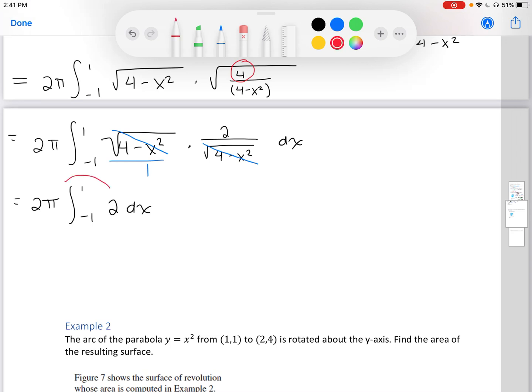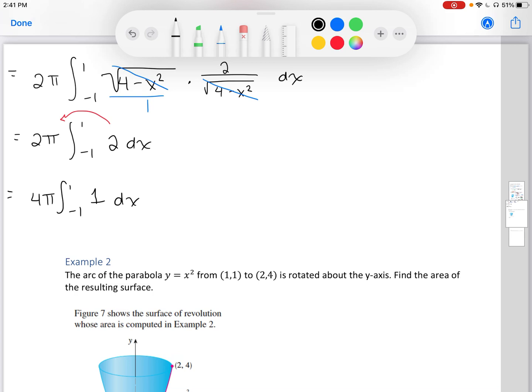2 is a constant, we can just go ahead and move it forward. So we have 4 pi from 1 to negative 1 dx. You can write 1 as a placeholder. The integral of 1 is just x. So we're left with 4 pi of x.